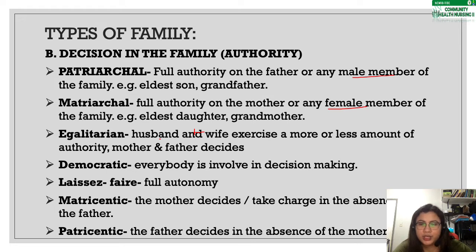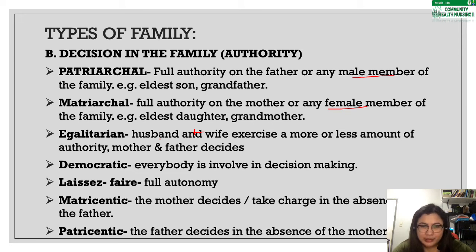Everybody is involved in the decision making for the family. For the laissez-faire, the members can decide for themselves. They no longer depend on their parents or siblings. The full autonomy is on the member of the family.